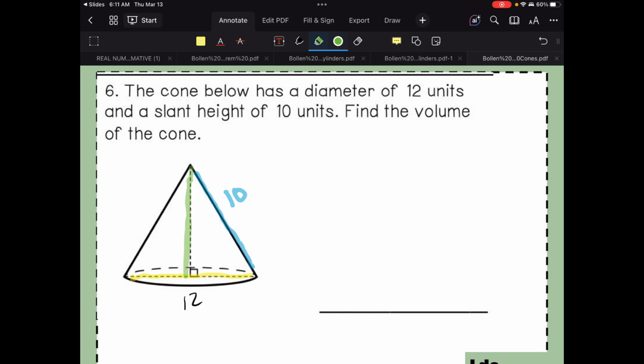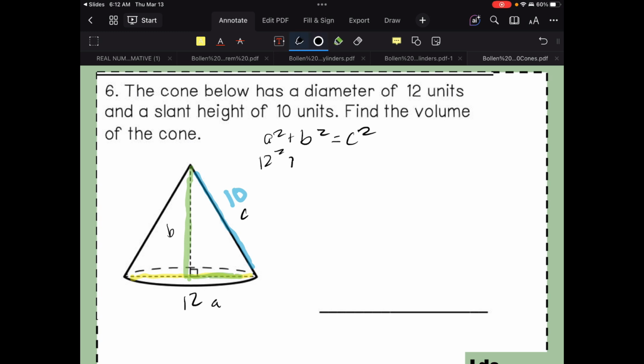So we first have to do our a squared plus b squared equals c squared to find this one here, which in this case is b. So we have an a. I have 12 squared, or it wouldn't be 12 squared. That is our diameter. So we are trying to find our radius here.